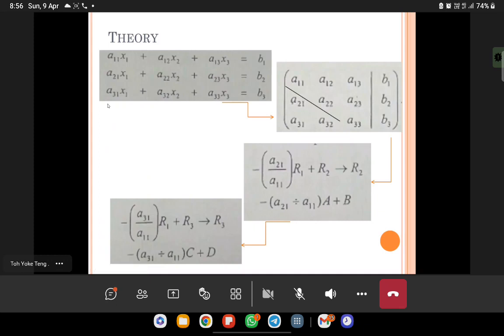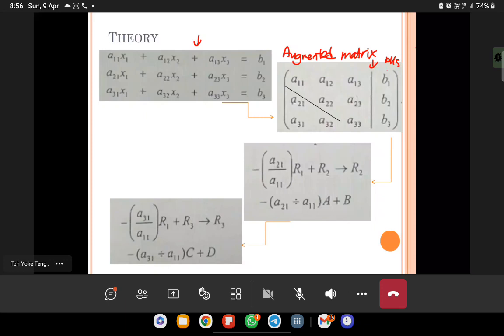Okay, the first one, the theory for the Gauss elimination. Again, the same thing here. You may just write it in matrix form. This is the example I just showed you. Matrix A, we use a line to separate it from the right hand side.